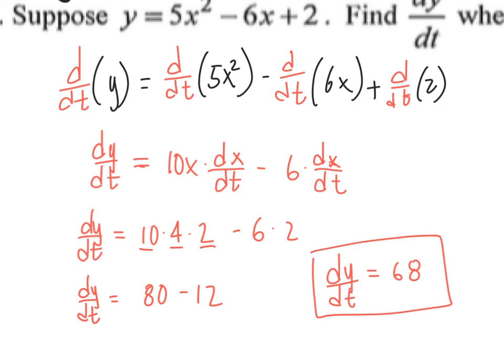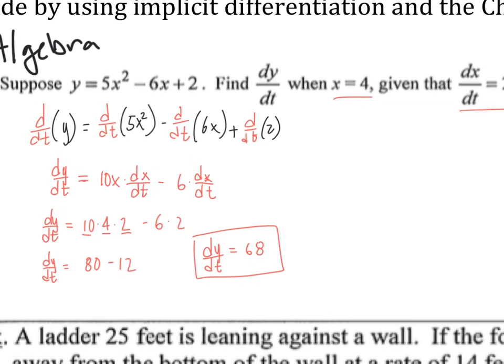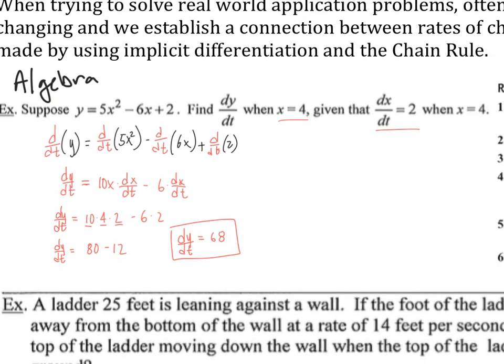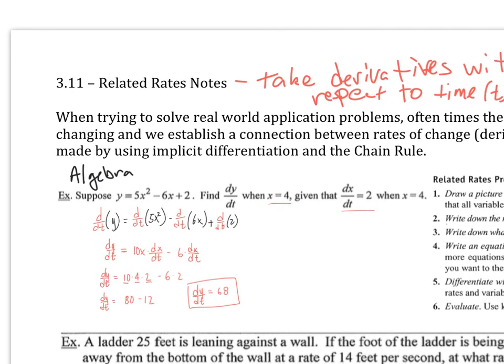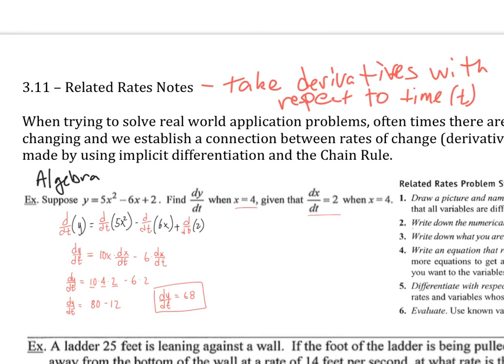And again, guys, this is the algebra involved here. This one's pretty simple because we're not given a real-world situation here. We're just given the algebra. But you need to understand that dy/dt is just a rate, and that dx/dt is a rate, okay?